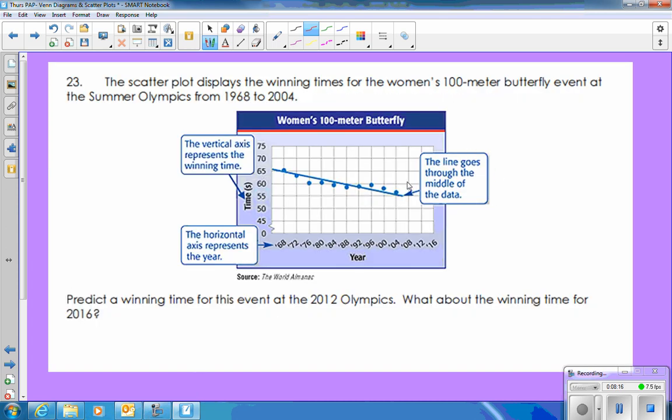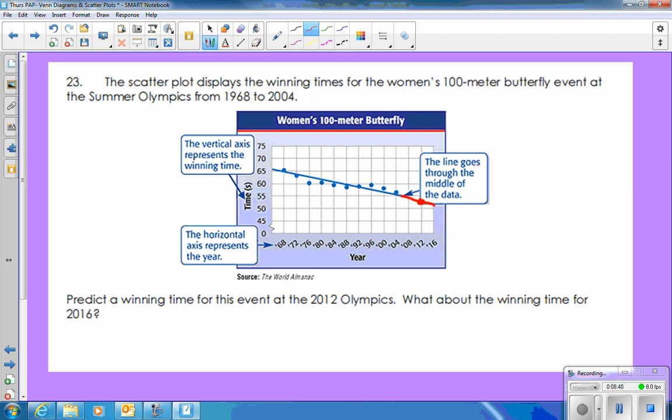So again, the line that goes through the middle of the data is what's called the line of best fit. The vertical axis in this example equals the winning time, and the horizontal represents the year. It says predict a winning time for this event at the 2012 Olympics. So the way we're going to predict that is by extending our line.